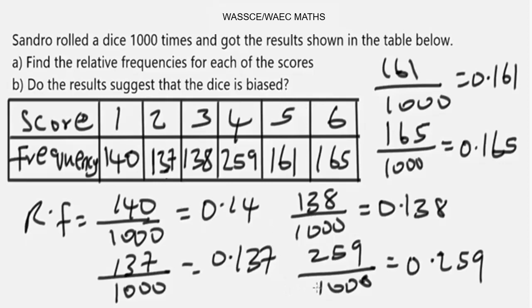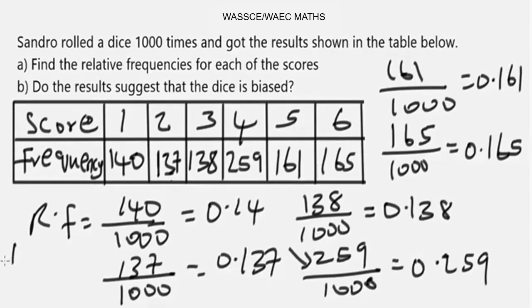Yes, because the relative frequency for when the score is 4 is 0.259, which is much higher than you would expect from a fair dice, which is 1/6 or 0.166. You keep having repeating decimals. So that will be the answer to this question.